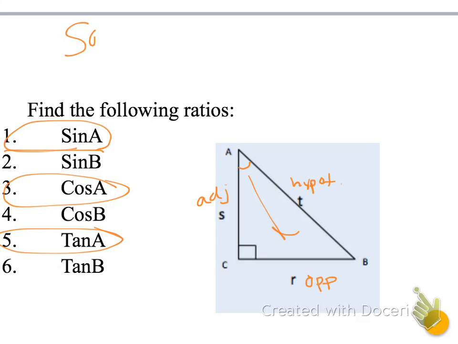If I write SOHCAHTOA up here, sine is opposite, so R, over hypotenuse, so T. Cosine is adjacent, so S, over my hypotenuse, T. Tangent is opposite, R, over adjacent, S. We're just creating the fractions based on adjacent, opposite, and hypotenuse in SOHCAHTOA.